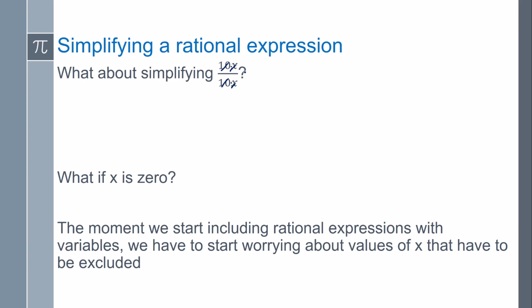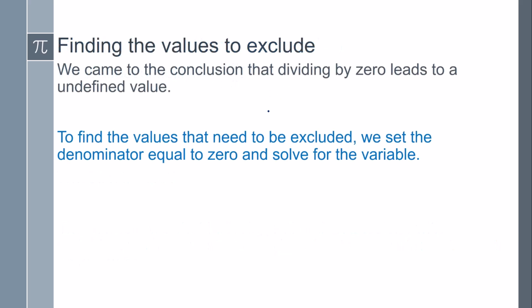Well, what if x is 0? You're going to be dividing by 0. So we have to attach a statement saying x can't equal 0. As a reminder, to find those values, you set whatever that denominator is equal to 0, and you say that it can't equal that.